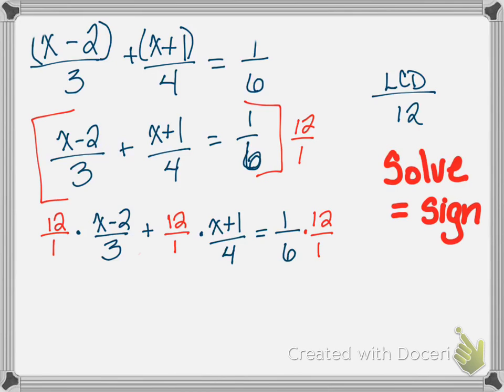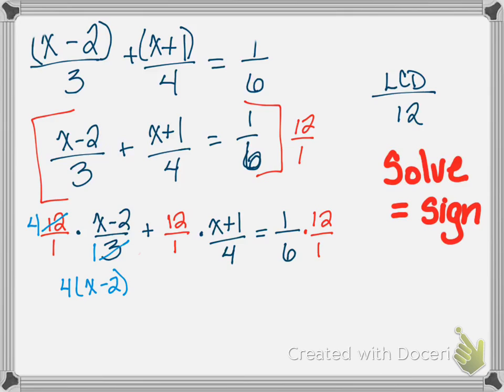So how many times does 3 go into 3? 1 time. So my 3 becomes a 1. How many times does 3 go into 12? 4. So now I have 4 times x minus 2. Now, is that easier to deal with? Yes, because we've eliminated that denominator.